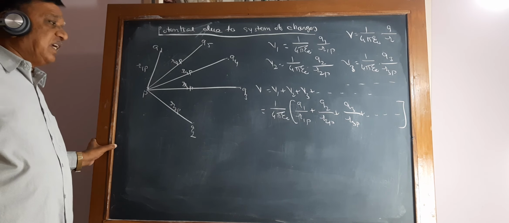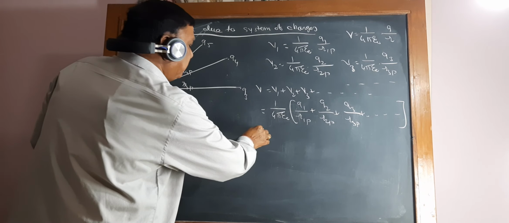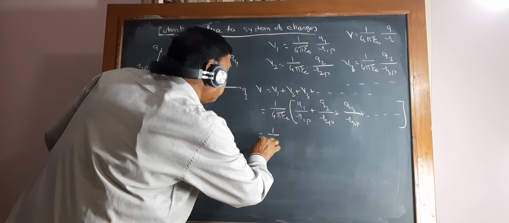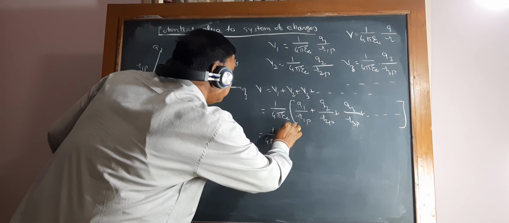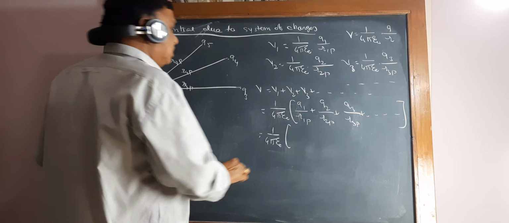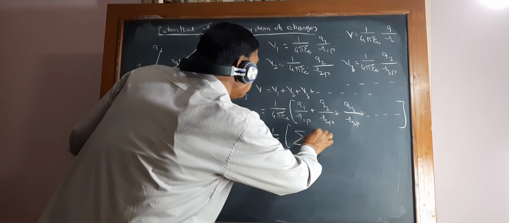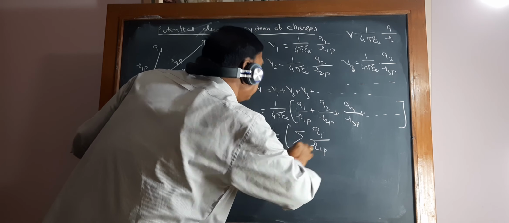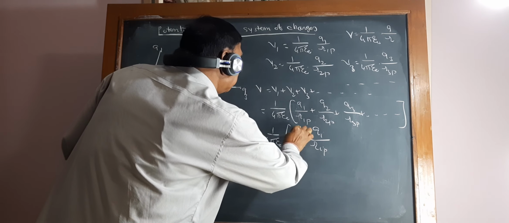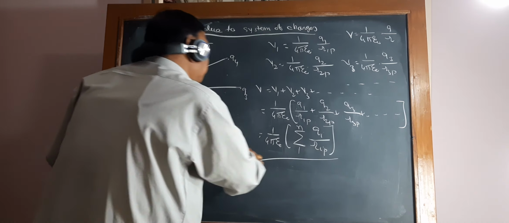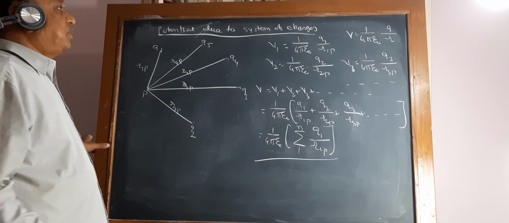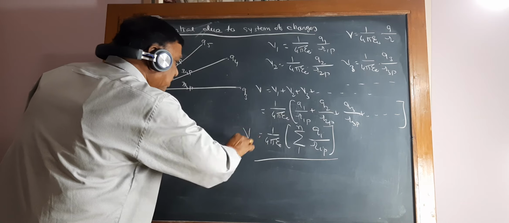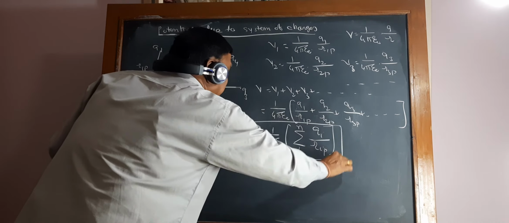So simply we can write V is 1 upon 4 pi epsilon 0 sigma of Qi upon RiP from 1 to n. In this way we can find the total potential due to a system of charges.